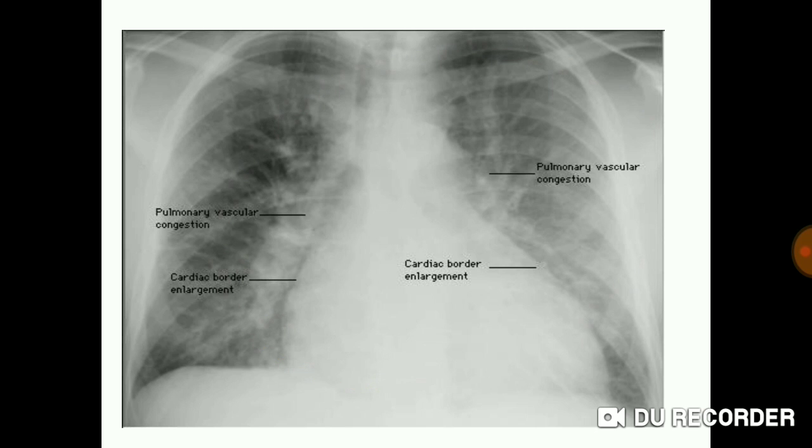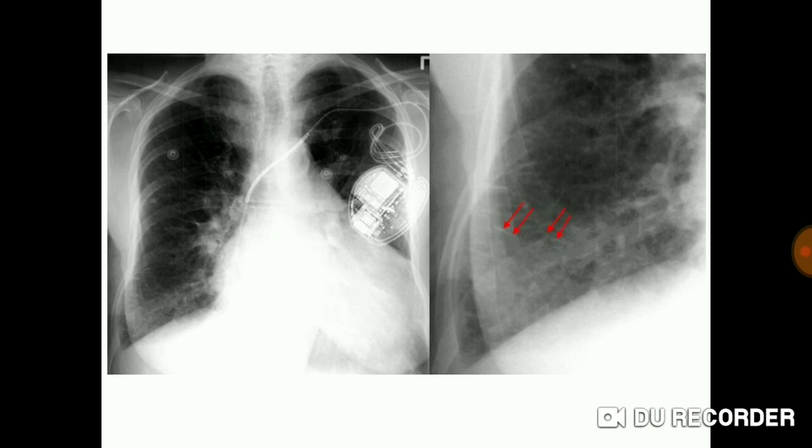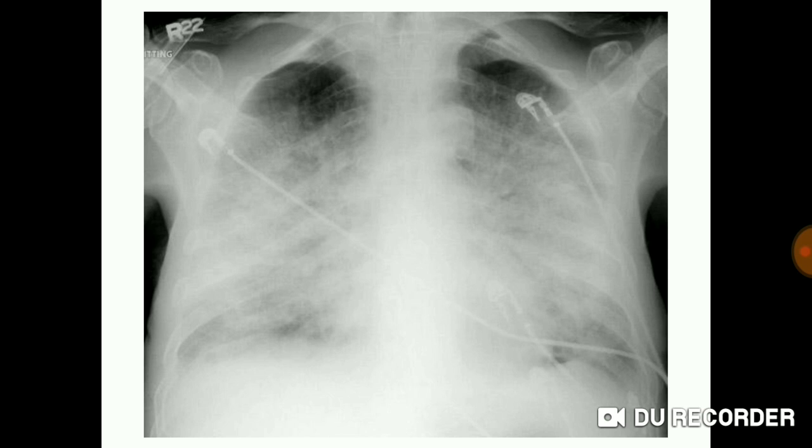Pulmonary vascular congestion, cardiac border enlargement, pulmonary vascular congestion, you can see on both sides. These are ECG electrodes.